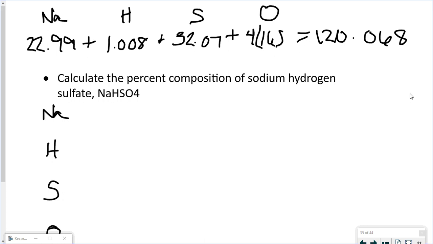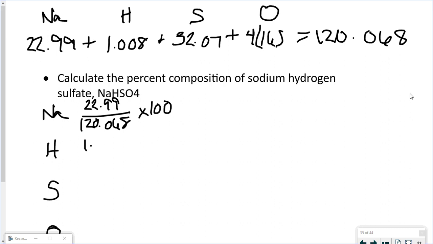So remember, we're doing the mass of the element over the mass of the compound. So for sodium, the mass of the element is 22.99 over the mass of the compound, the 120.068, times 100 to make it a percentage. You can go ahead and calculate these individually or set up all of them and then calculate.